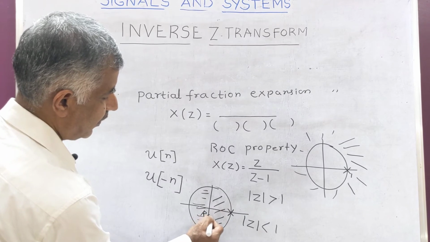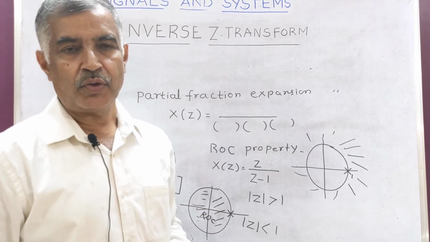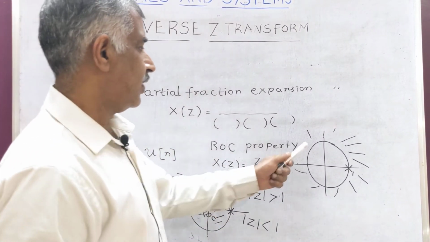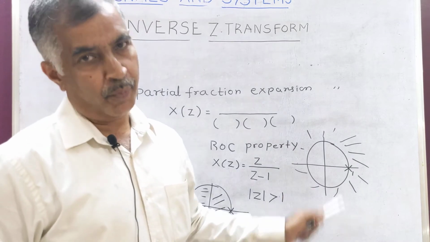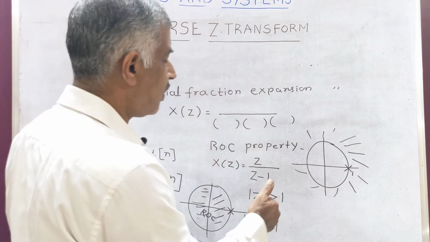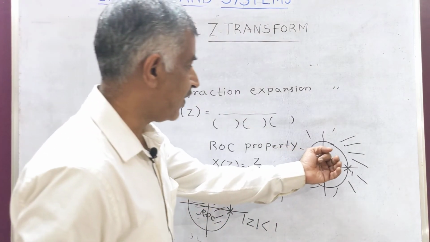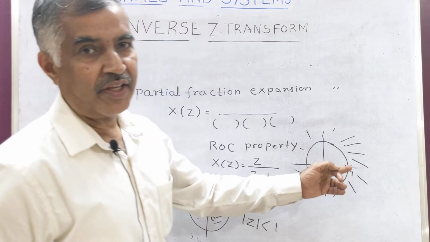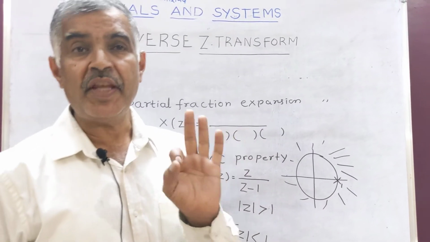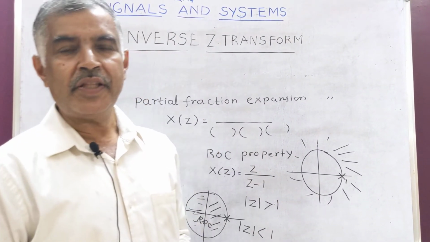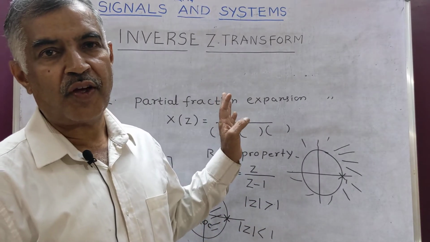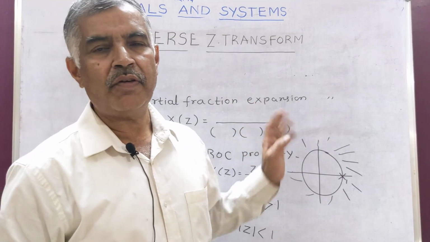That is very important. For a right-sided signal, the ROC is greater than the pole radius, whereas for a left-sided sequence, the region of convergence is lesser than the pole radius. Here I have taken a pole radius of 1. These two points are very crucial. In the next class, I will remind you of the basic Z transform pairs, and then I will work out problems.